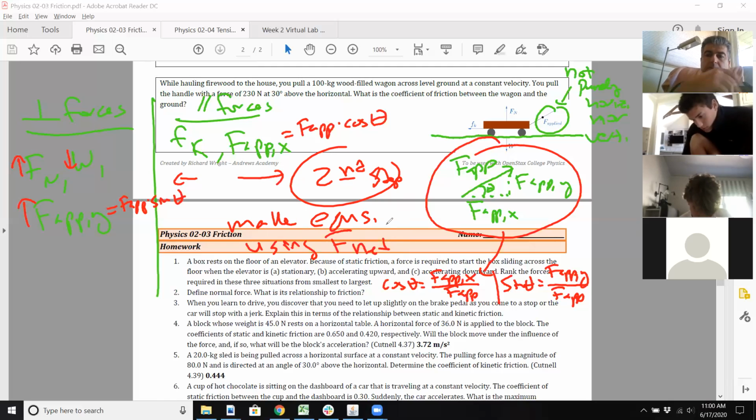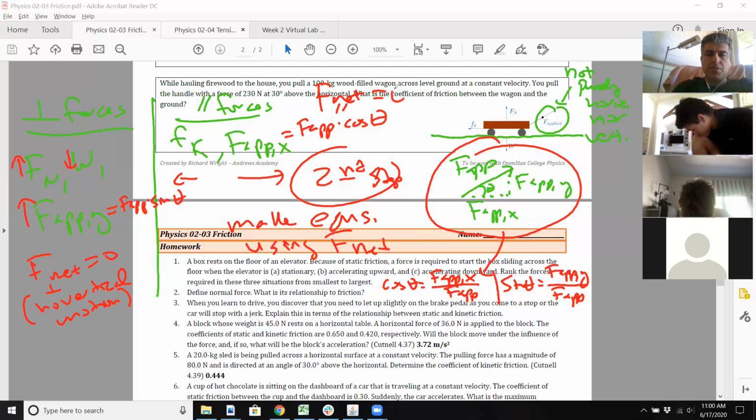Now remember what Fnet represents. Fnet represents all the forces added up, right? So we're going to do an Fnet for perpendicular and an Fnet for parallel. Now the Fnet for perpendicular is 0 because there's no vertical motion.